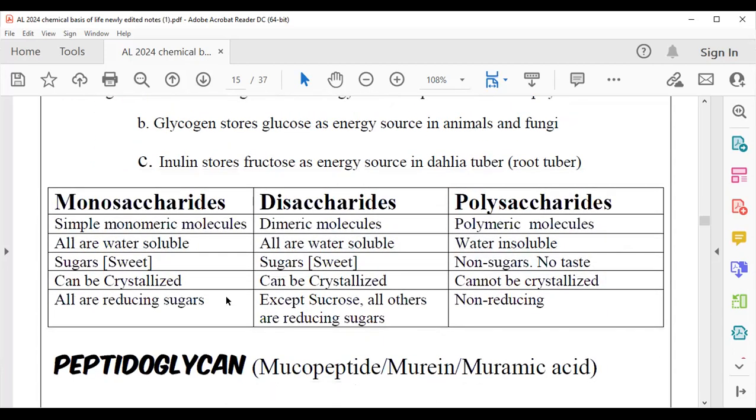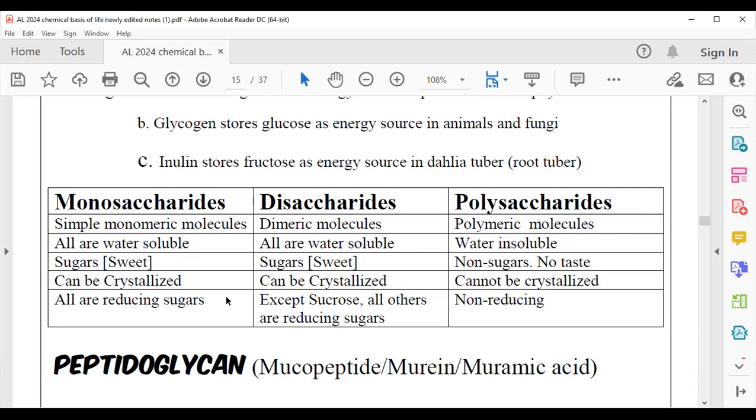A small comparison between monosaccharides, disaccharides, and polysaccharides. Among these, who doesn't have a glycosidic bond? Monosaccharides, they don't have a glycosidic bond.